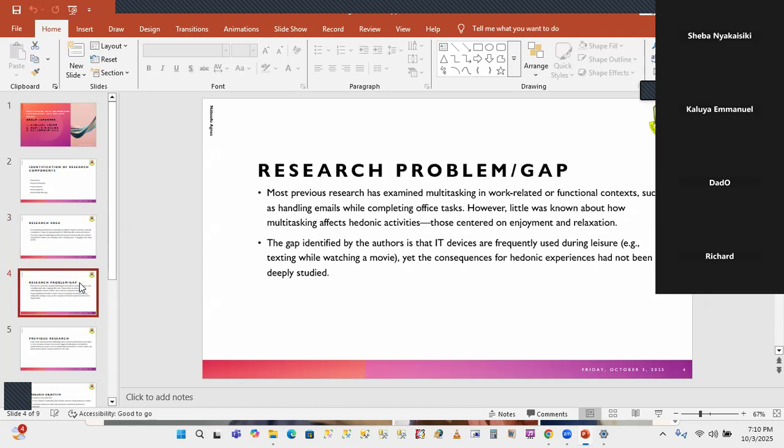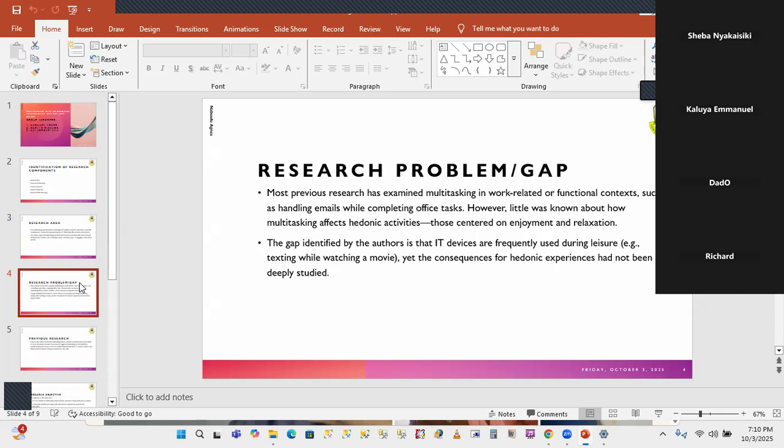Then also the research problem or the gap. Most previous research has examined multitasking in work-related or functional contexts, such as handling emails while completing office tasks. However, little was known about how multitasking affects hedonic activities, those centered on enjoyment and relaxation.